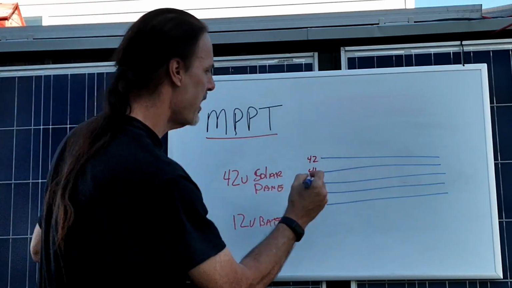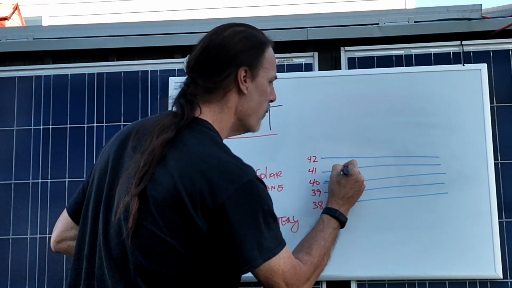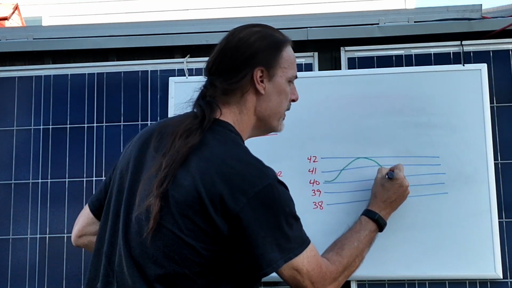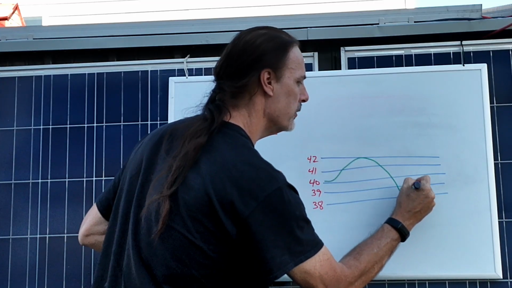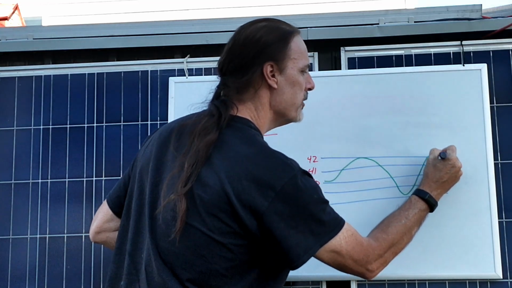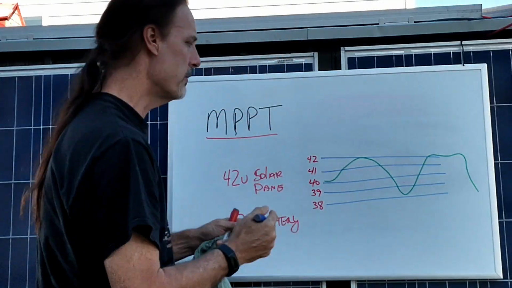What you will see is the power moves from one point to another as the sun goes down, comes back up, gets really bright, stays there for a while, and then comes back down.